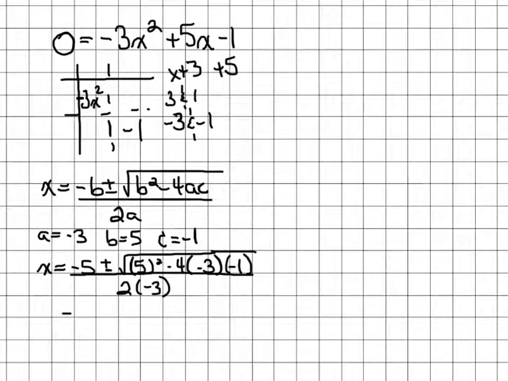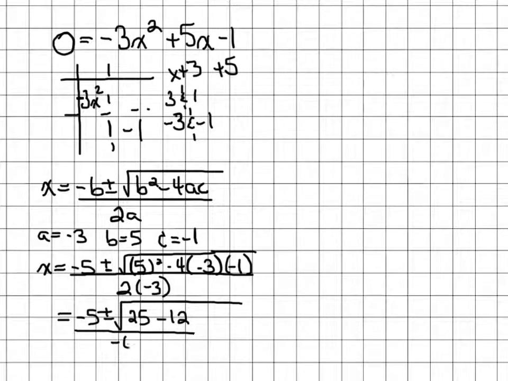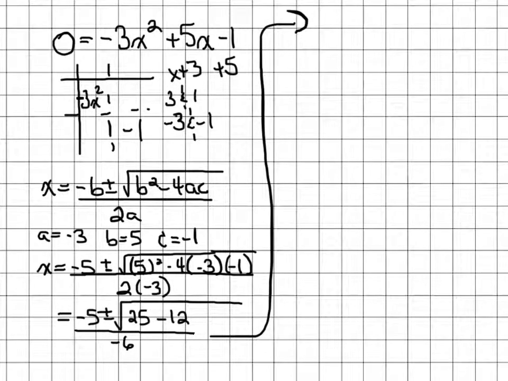So that is equal to minus 5 plus or minus the square root of 25, and then minus 4 times minus 3 is positive 12, positive 12 times negative 1 is negative 12, so minus 12, all divided by 2 times negative 3, which is negative 6. So now I have x equal to minus 5 plus or minus the square root of 25 minus 12, which is 13, all divided by negative 6.